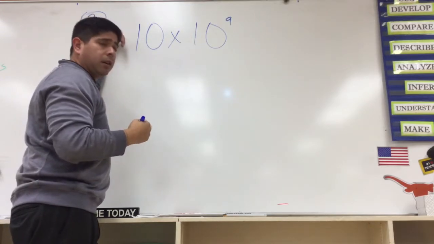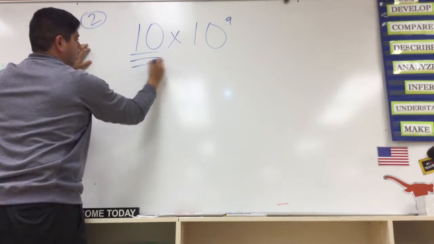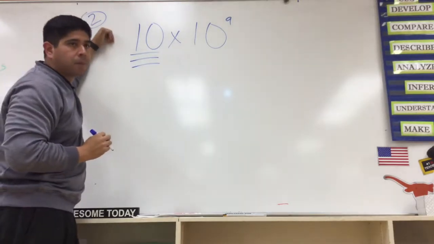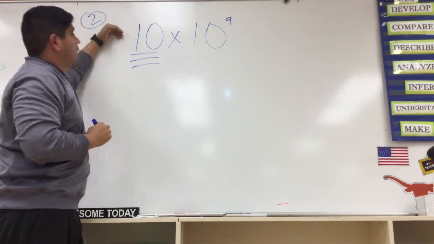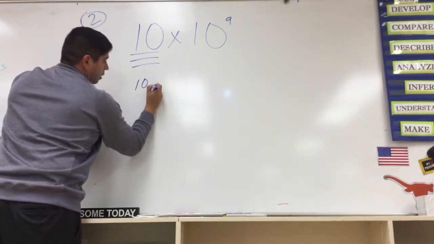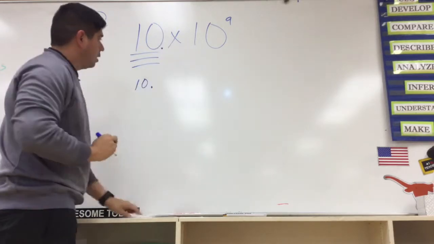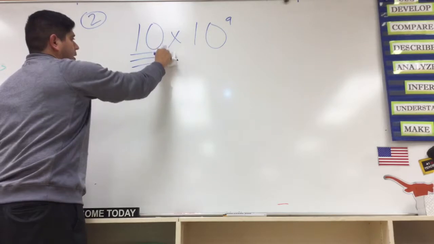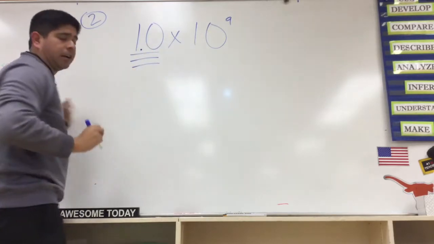Remember, to be proper scientific notation, this number right here has to be written a certain way. It has to be 1 through 9. It can't be a double-digit number. So this right here is a double-digit number because 10 has the decimal right there. We can't have the decimal right there. For this to be written properly, the decimal needs to be written right here.